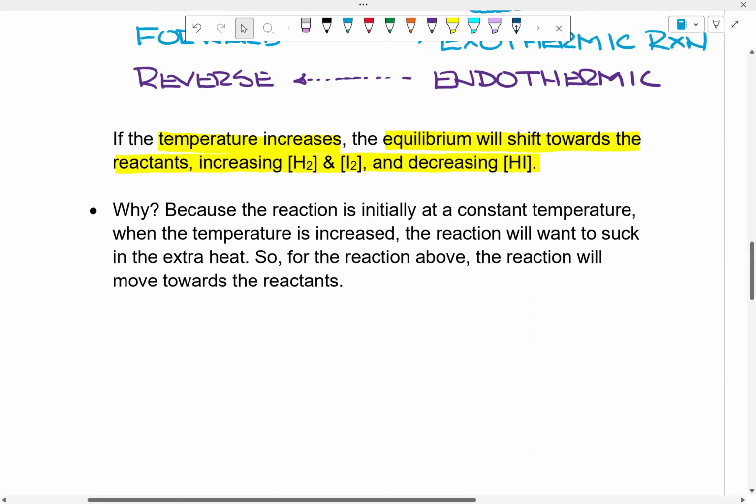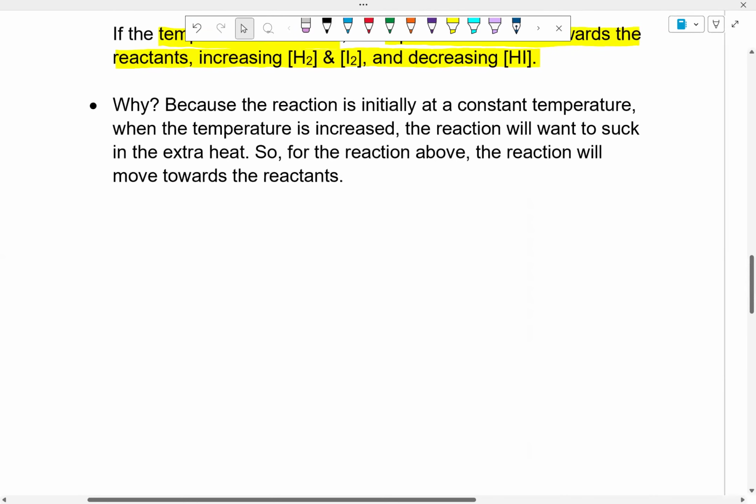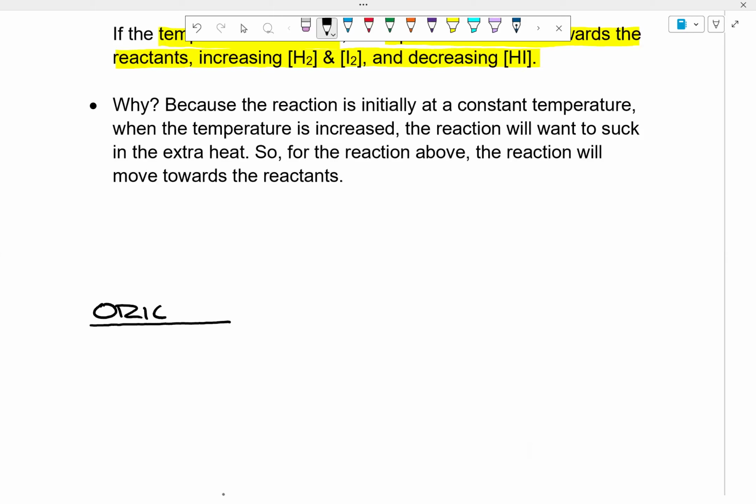All right. Here's the way that I explained it in class. You could think of it like this. Let's say we have our original equilibrium temperature. I'll use a red.